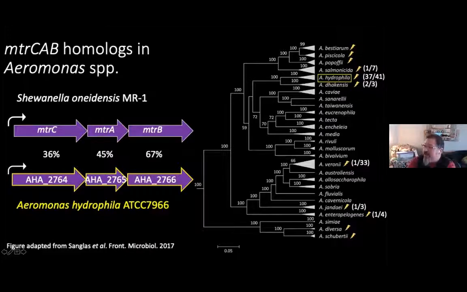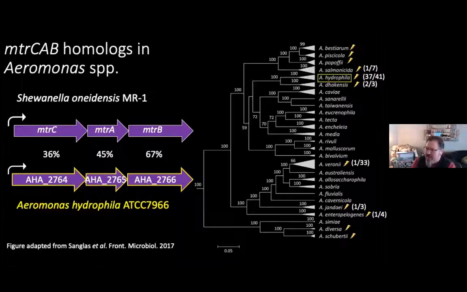Other than being dominant in hydrophila, it doesn't seem to be consistently found across the species. You see just a few little lightning bolts here and there. Here's a Veronii, which is also highly sequenced, and just one of those isolates seems to have this. So it doesn't seem to be a common property of Aeromonas strains.